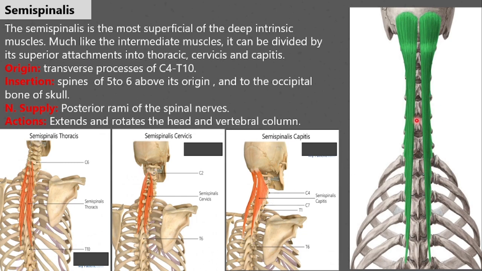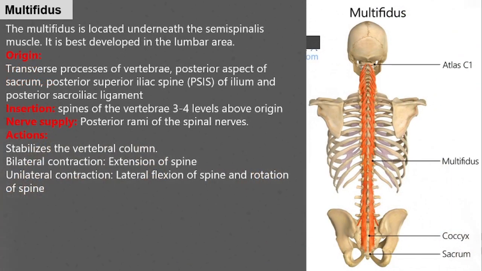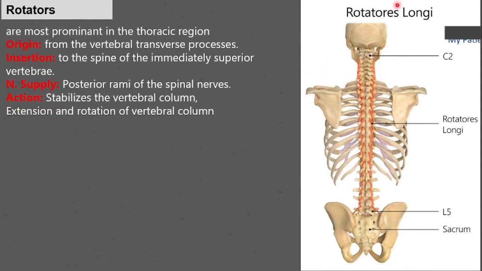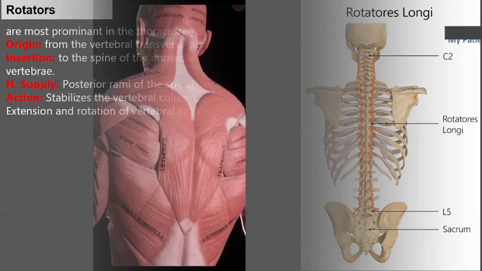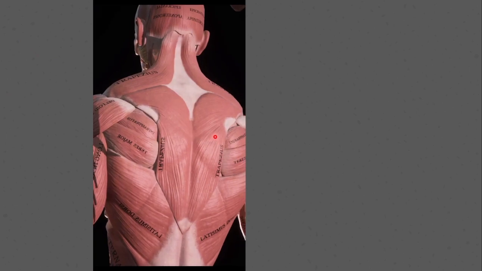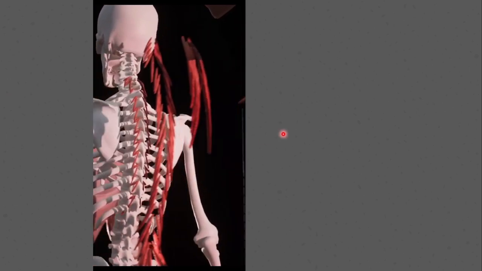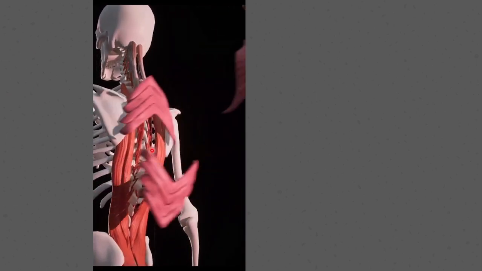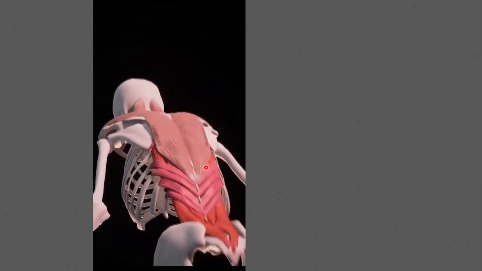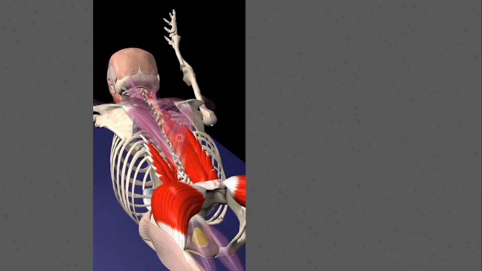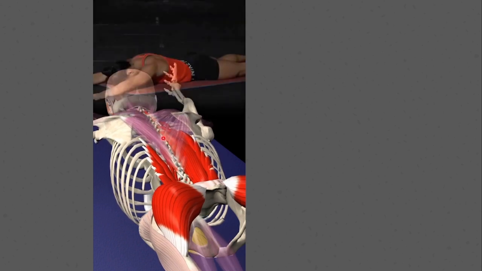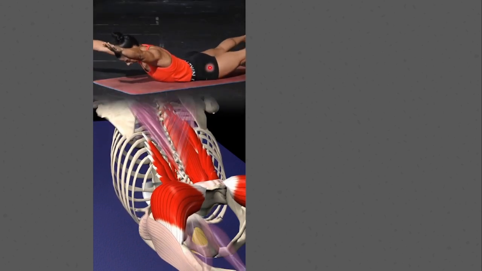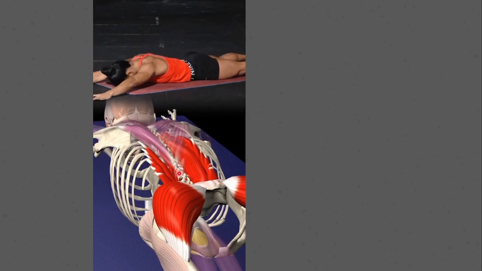Here we can see multifidus and rotatores longi. There is a video right here, which I found on the internet, demonstrating the erector spinae and all the posterior group of the trunk muscles. They act in this video, and this extension they do.